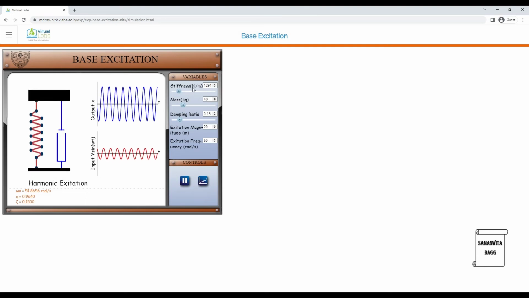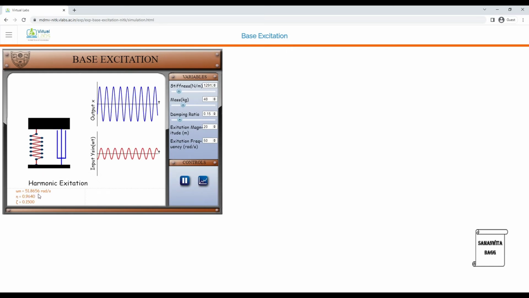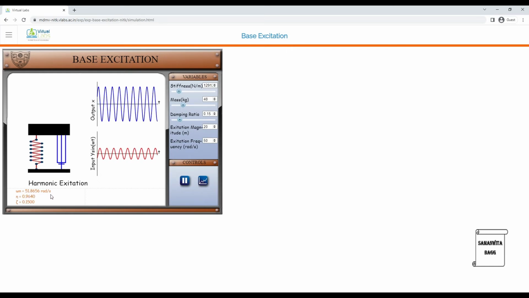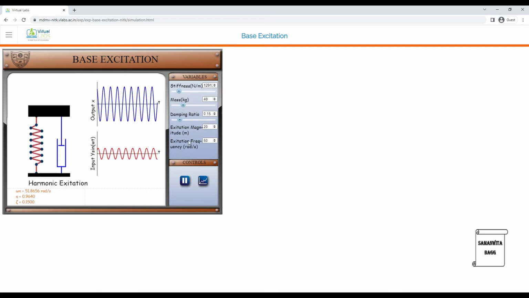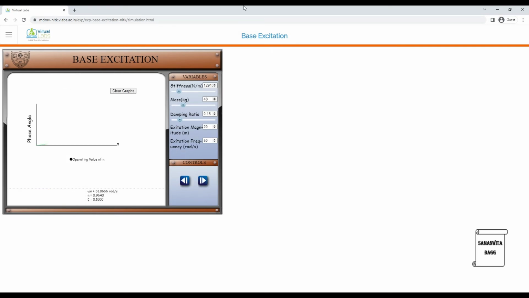So you can see based on the value of K and M, omega n is already calculated. It is 51.8656 radians per second. Eta and zeta is also here. Zeta is what we have given and eta is calculated from omega upon omega n. So let's take the graph.